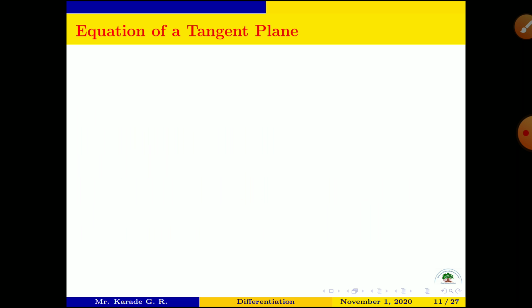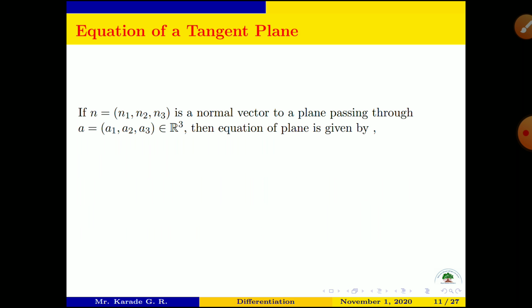Equation of tangent plane. If n = (n1, n2, n3) is a normal vector to a plane passing through a = (a1, a2, a3) in R3, then the equation of the plane is given by n dot (x minus a) equal to 0.